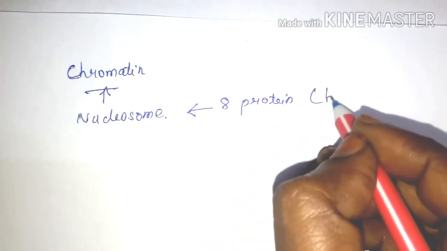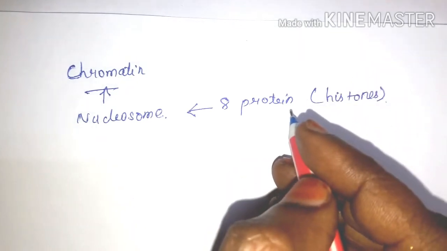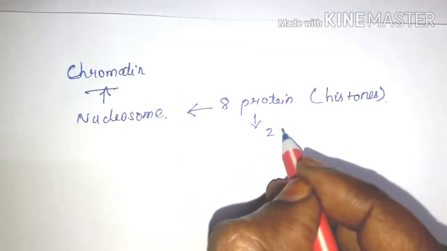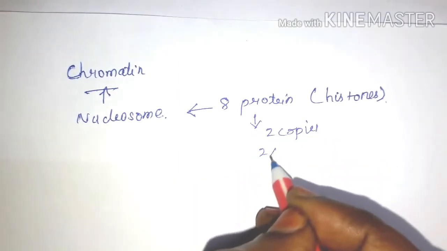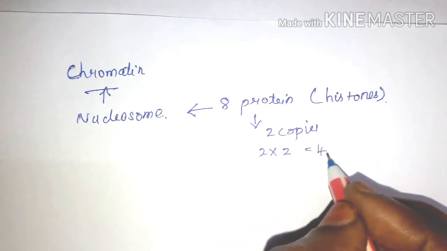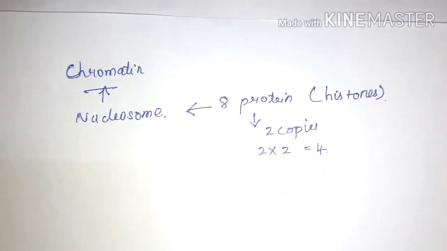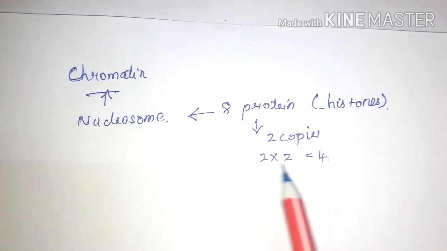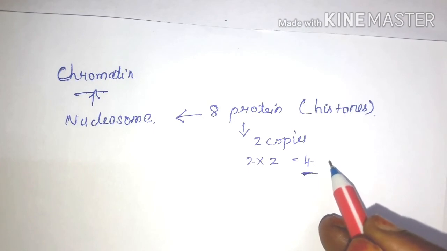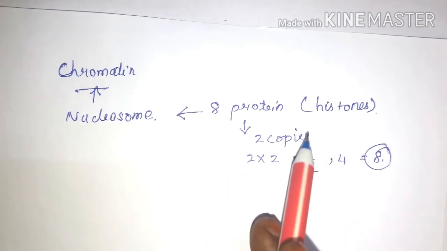The 8 proteins are named histones. They have 2 copies, so 2 into 2, 4, and together one more copy, totally 8. 8 proteins, that is histones, are present.